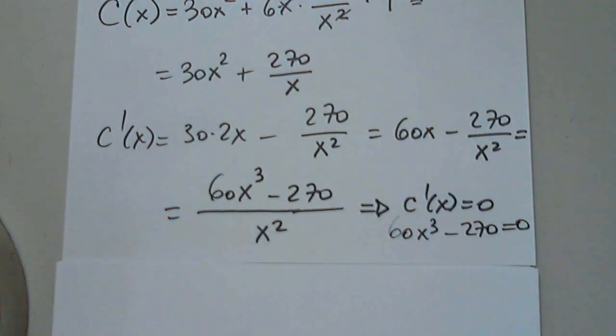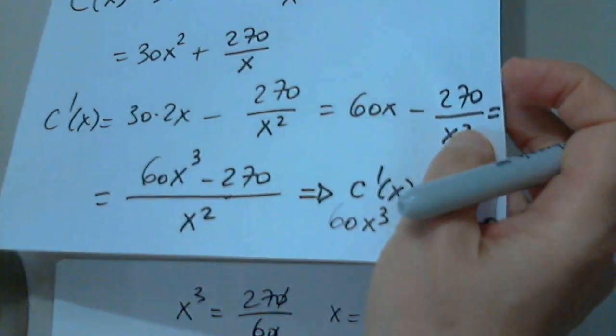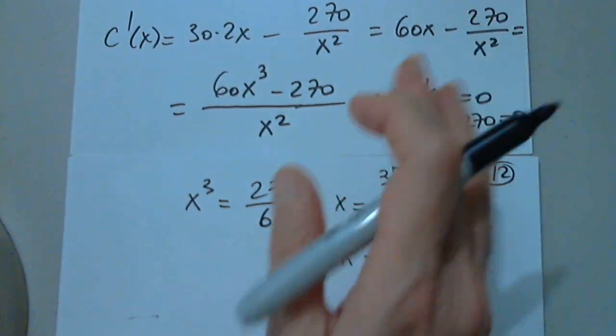Stop me if you have questions, please. So x cubed is 270 over 60. There is nothing I can do really here. So it's the cube root of 27 over 6. I can write it as 9 over 2, 4.5. It's not going to make any difference. I don't know what this gives. Nobody knows.